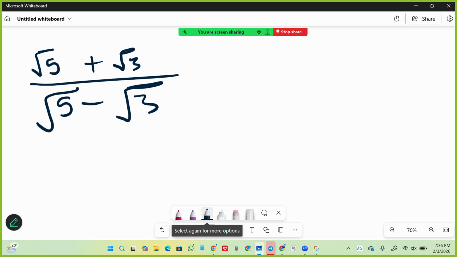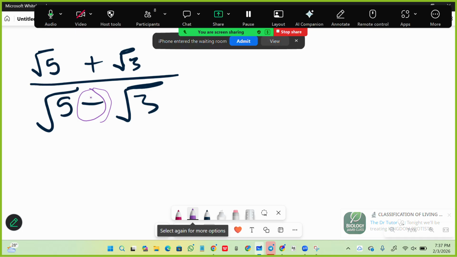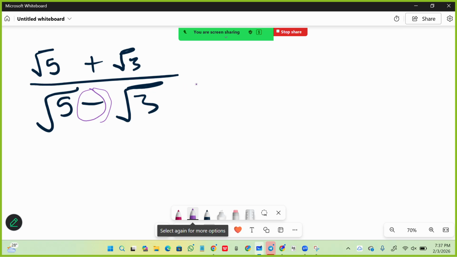And I told you, when you want to rationalize and you have an operation between two surds or two numbers, if it is negative, you change the operation to positive.